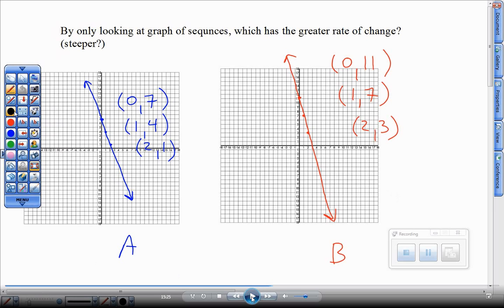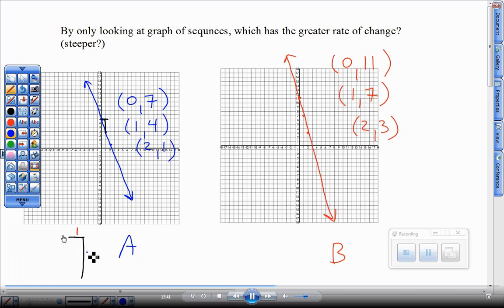Alright, so to compare these rate of changes, again, looking at this little segment here, either going right and down for y, which some people do, or the other way, down and to the right.